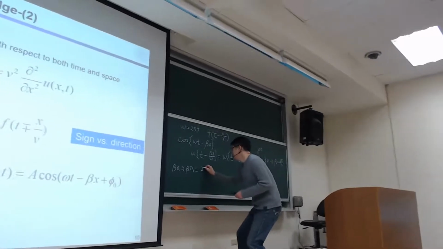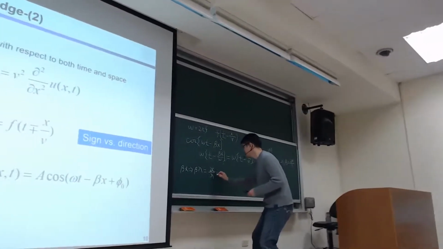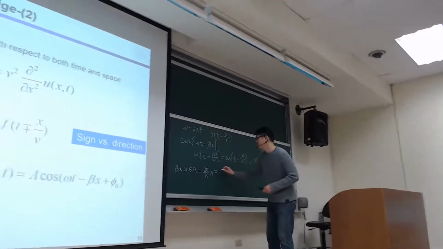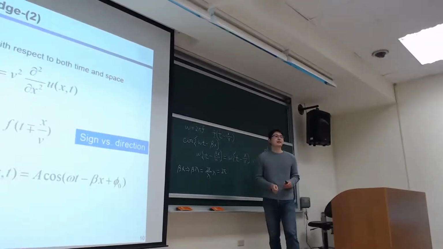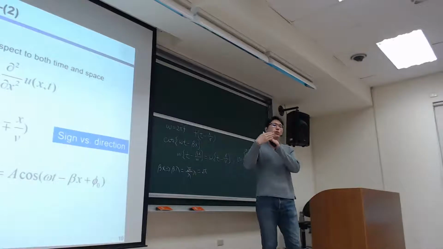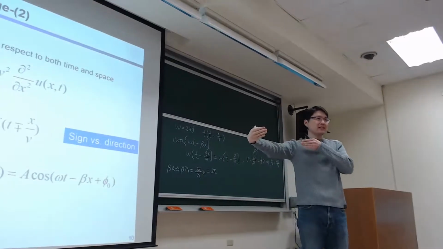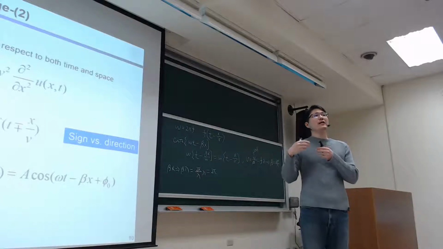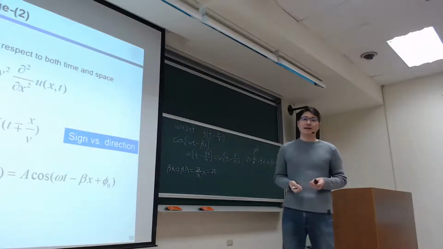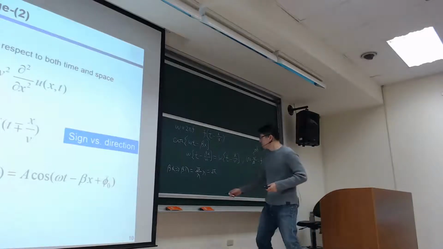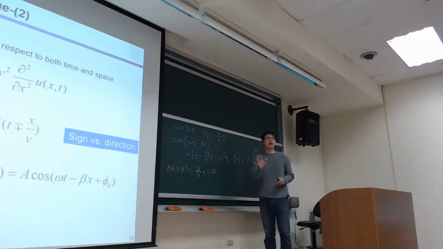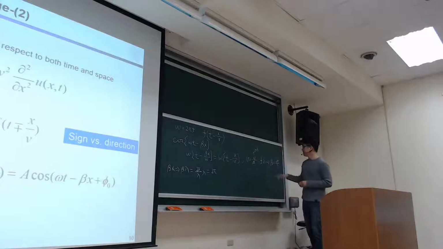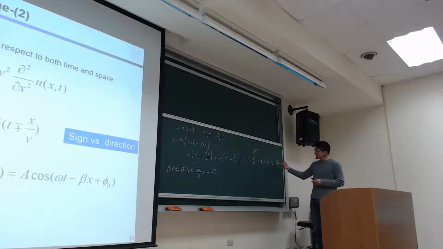So 2 pi divided by lambda times lambda, you have 2 pi, right? The phase accumulation for a wave to propagate over a distance of an integer multiple of its wavelength would be an integer multiple of 2 pi. Okay? So this might be something new, but from now on, you have to remember beta is just the inverse of the wavelength multiplied by 2 pi.